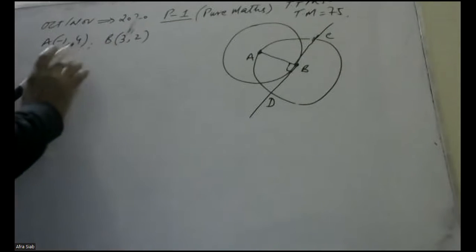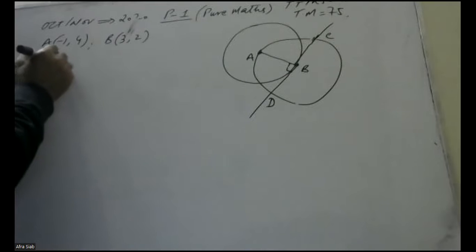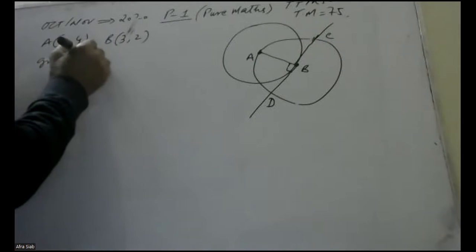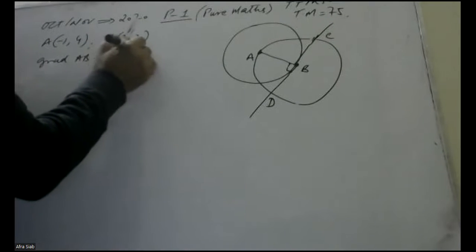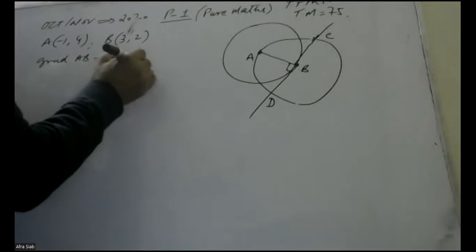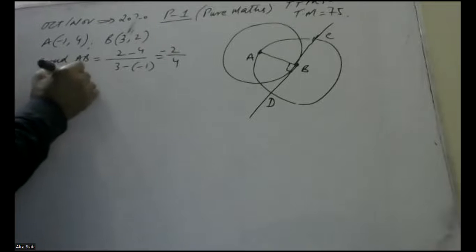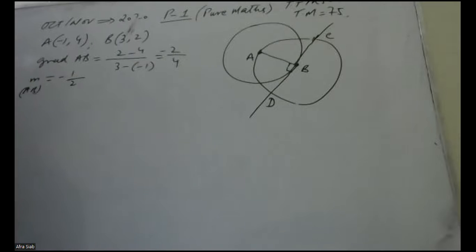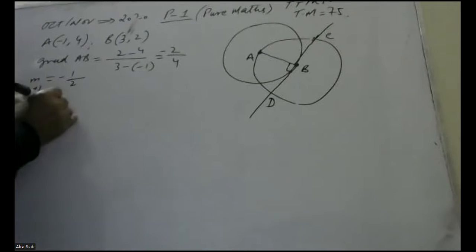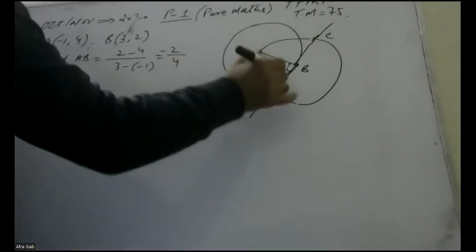So we can find the gradient of AB. That should be equal to (2 minus 4) over (3 plus 1), so that is equal to -2 over 4, or -1/2. That is the gradient of AB. Now the gradient of CD, because they are perpendicular to each other.